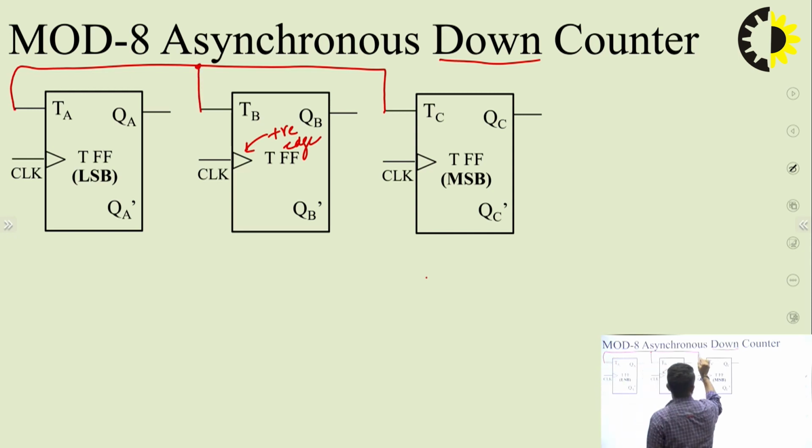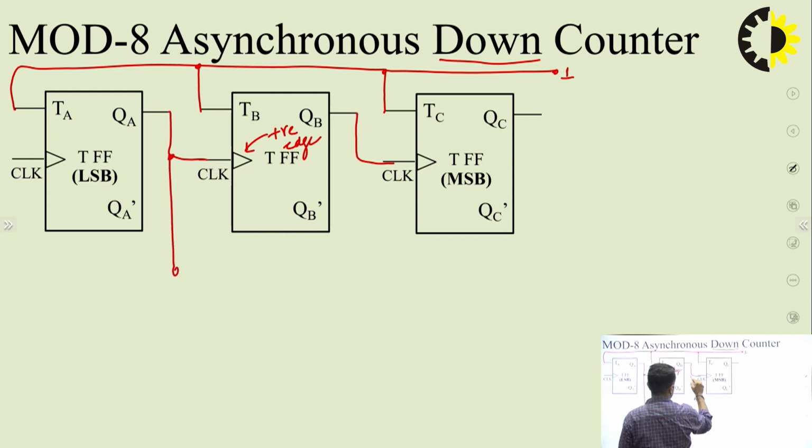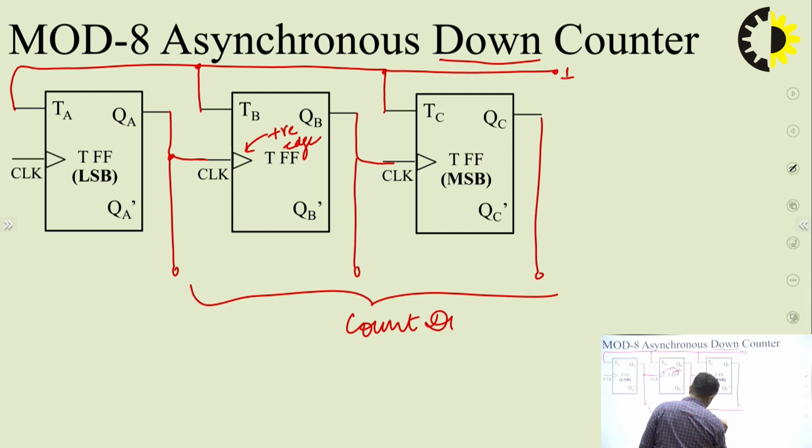All T inputs are connected to a common point and further connected to logic 1. The output of one flip-flop is connected to the clock of the next flip-flop. Then the outputs are used for display. So this becomes the count display.